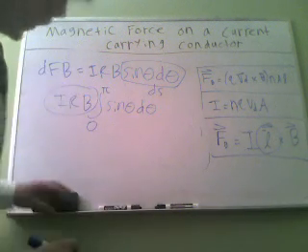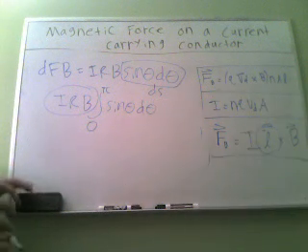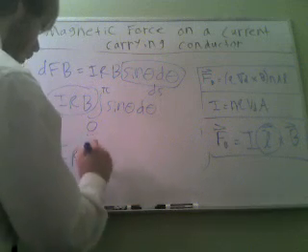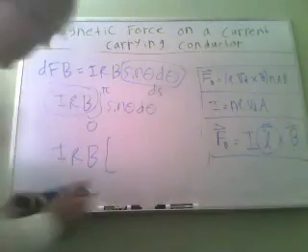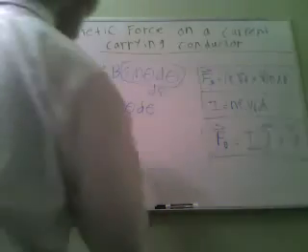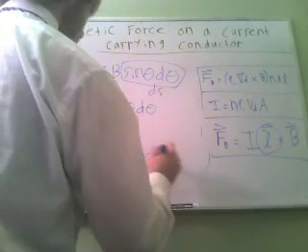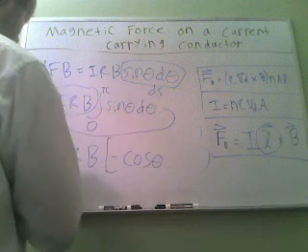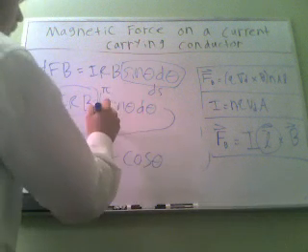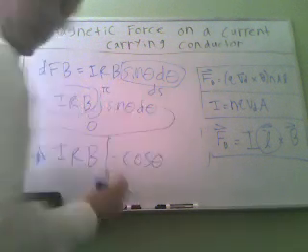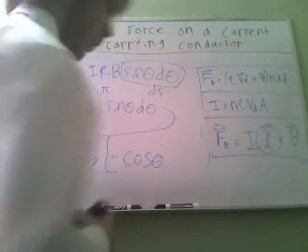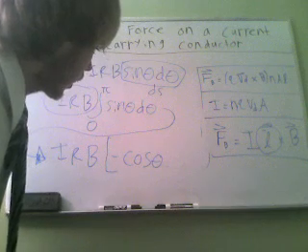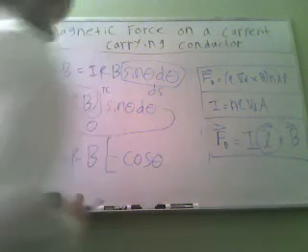And what we'll get here is I R B, so current, radius, magnetic field, times negative cosine theta, and this is after integrating. This is the answer to this integration here. We integrated from 0 to pi, because half of the circle is pi, 2 pi r is the circumference of the circle.